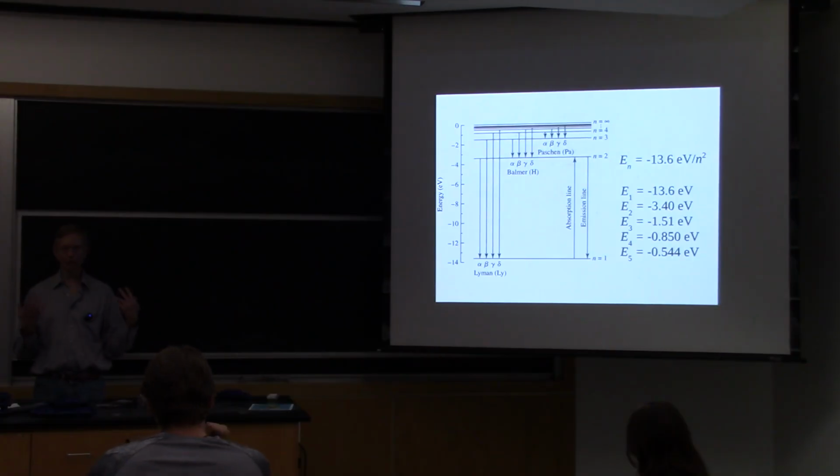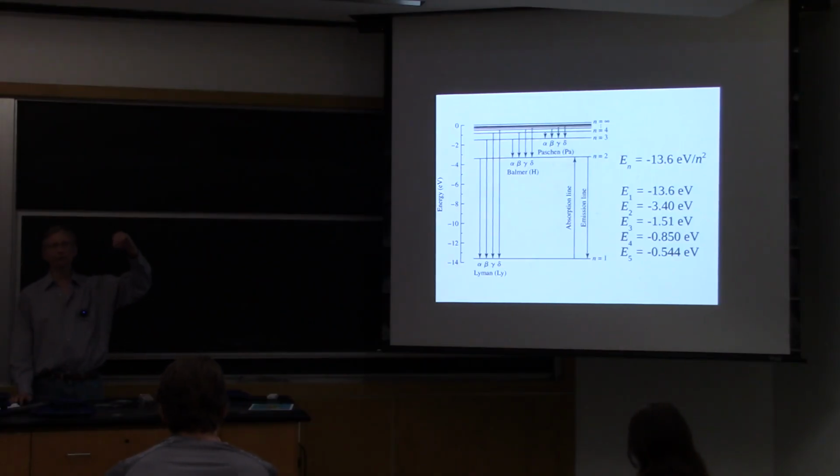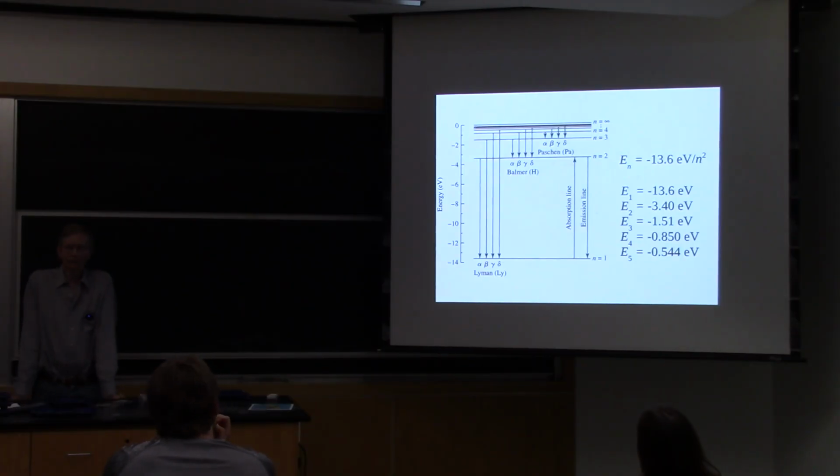It's the energies of the orbitals when you do it with the Schrodinger equation. And relative to 0 being the electron and the proton at rest at infinite separation, the energy levels are minus 13.6 electron volts divided by n squared. Is that ringing a bell? Do you remember that sort of beast?